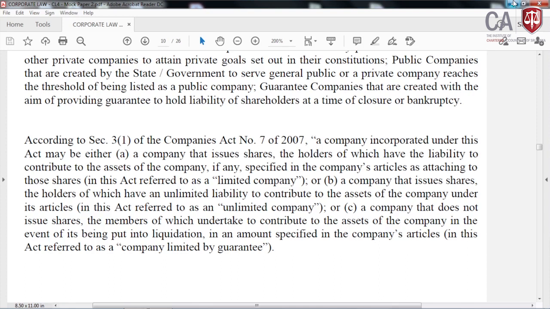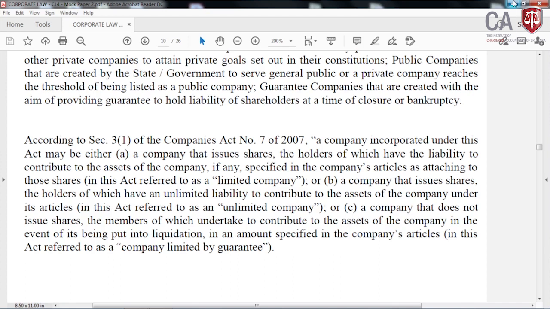In this act it is referred to as a limited company or limited liability company, because the liability is limited to the extent of the shares owned by a particular shareholder. So at a time of closure due to bankruptcy or any other concern, the shareholder has to only contribute to the share value.